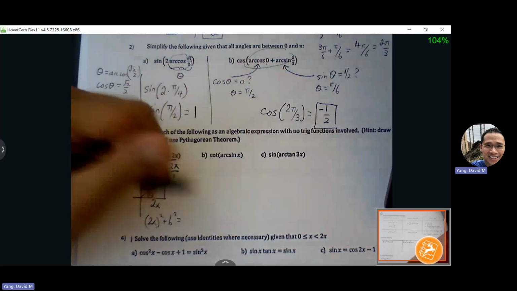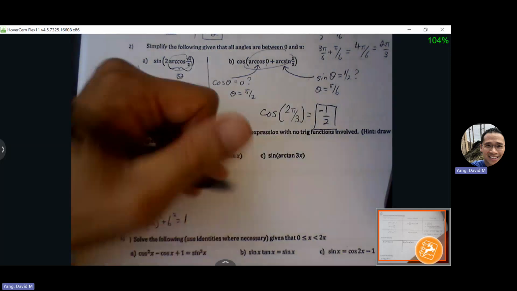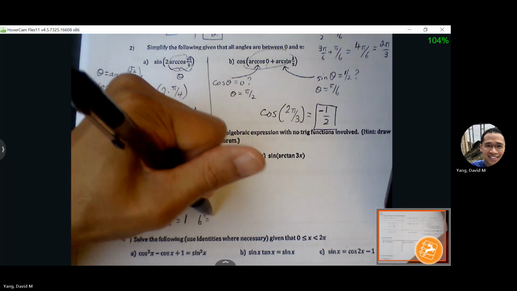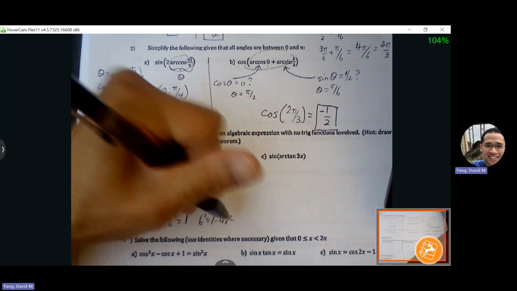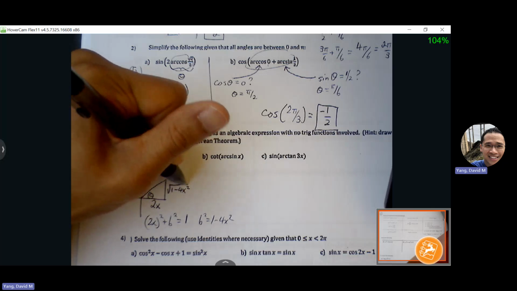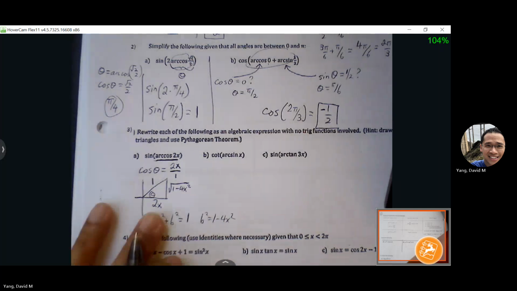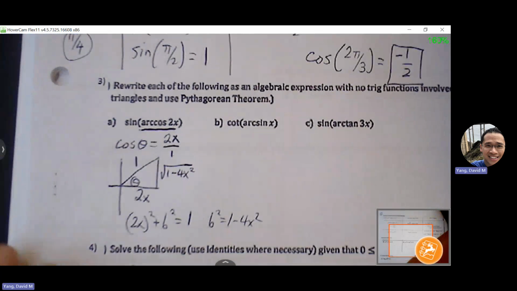I'll let my c squared be my hypotenuse. The b squared is equal to 1 minus 4x squared, which if I take the square root is square root of 1 minus 4x squared. That makes sense? Any questions there?